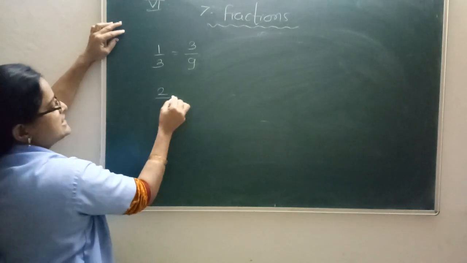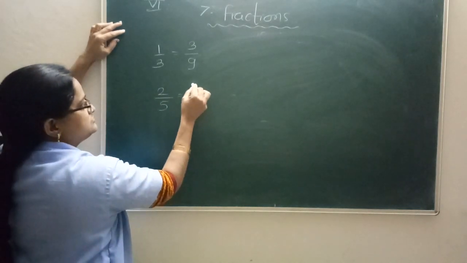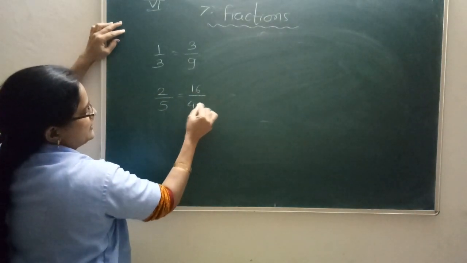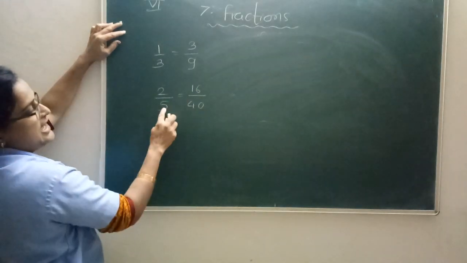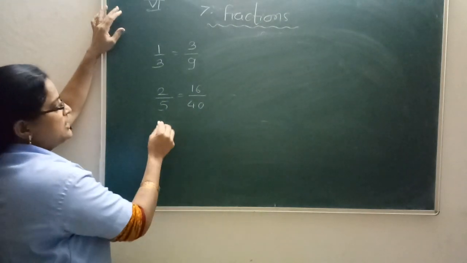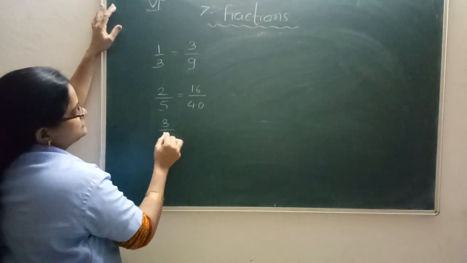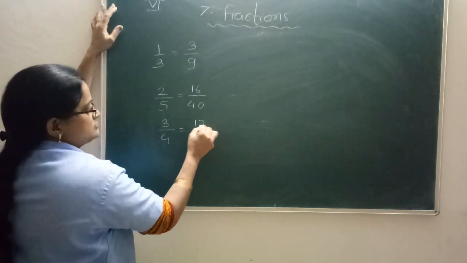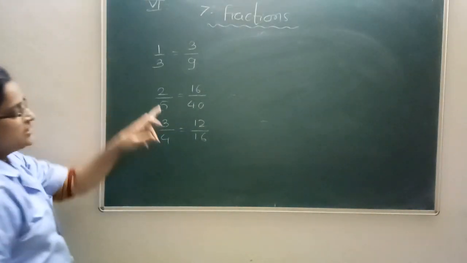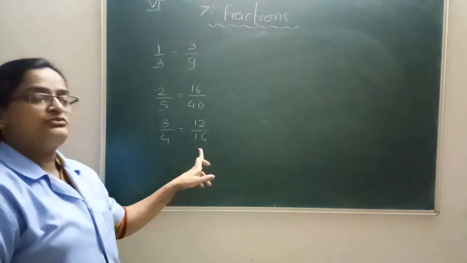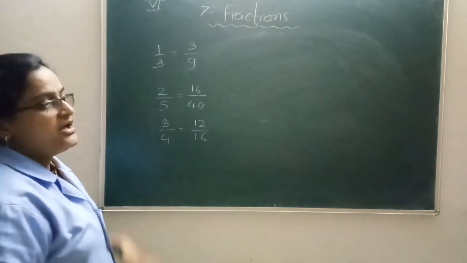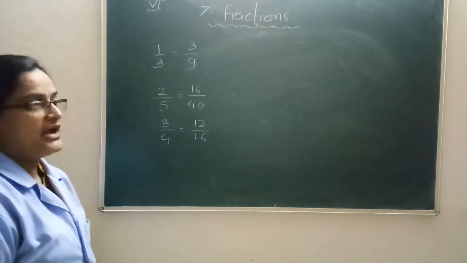Okay, I can say 2 8s are 16 and 5 8s are 40. Okay, even I can say 3 4s are 12 and 4 4s are 16, and so on. All these are pairs of equivalent fractions.